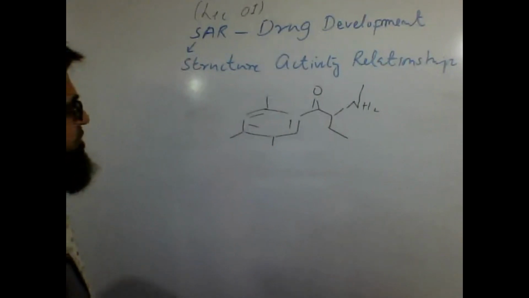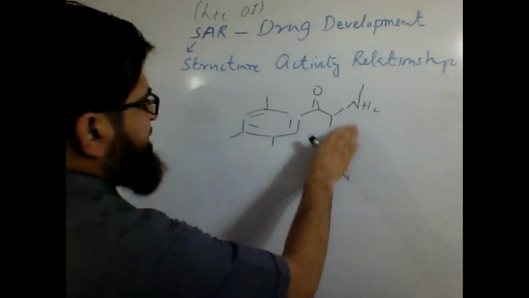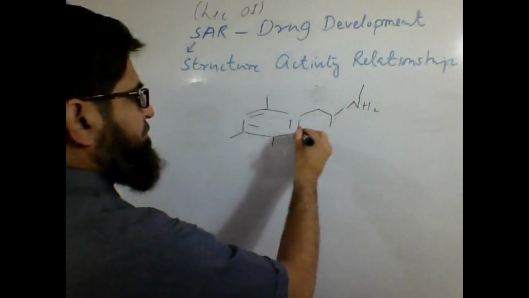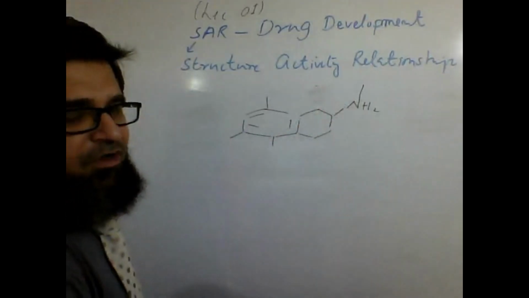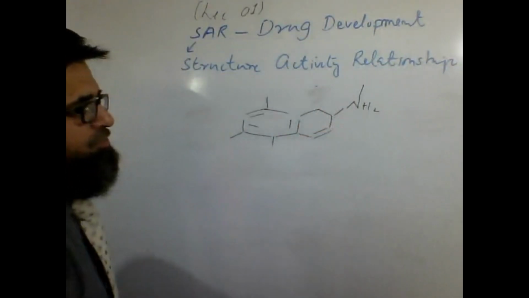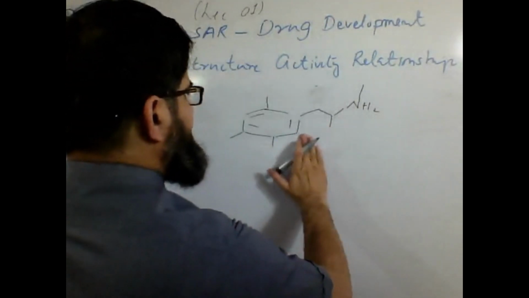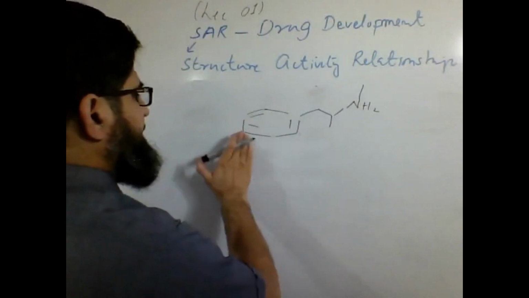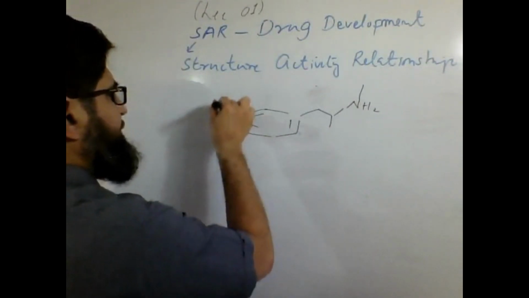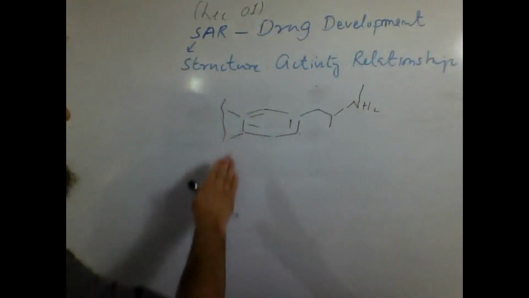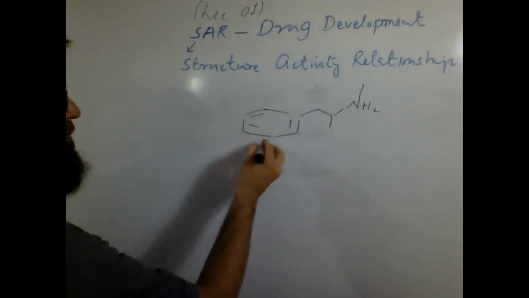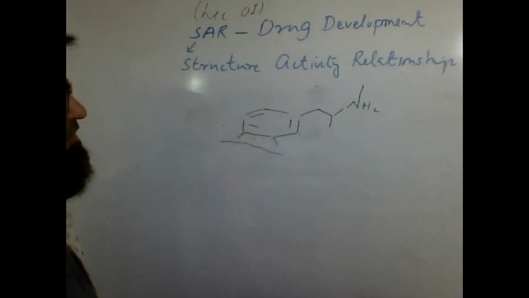Then some people came up with the closure of the ring. Then one man came up with the introduction of unsaturation in the closed ring. Then again, a few people came up with side chain introduction in this area. Then a few people introduced side chains on this area.